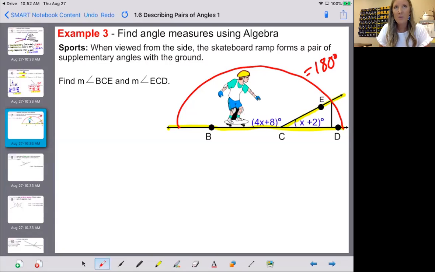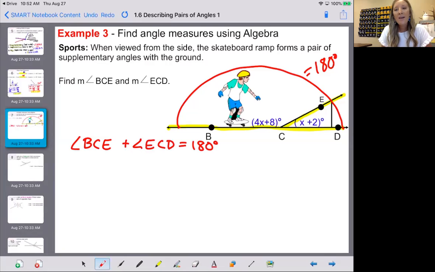So let's talk about what we know. We know that the large angle on the left plus the smaller angle on the right is in total 180 degrees, right? We know that angle BCE plus angle ECD is a total of 180 degrees.